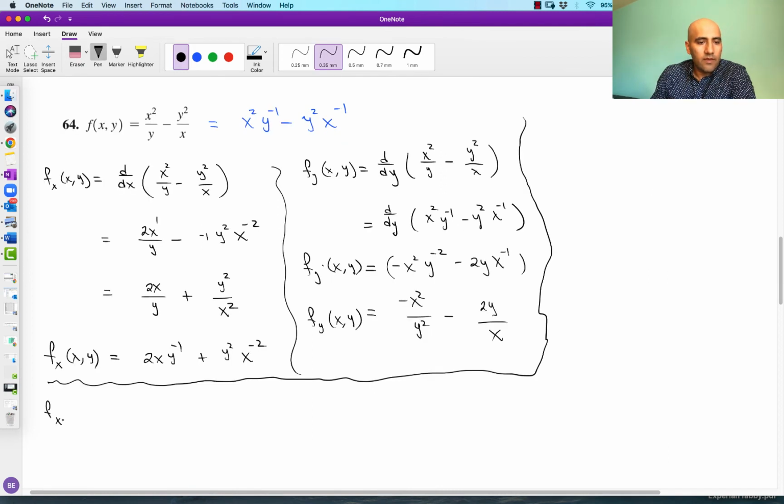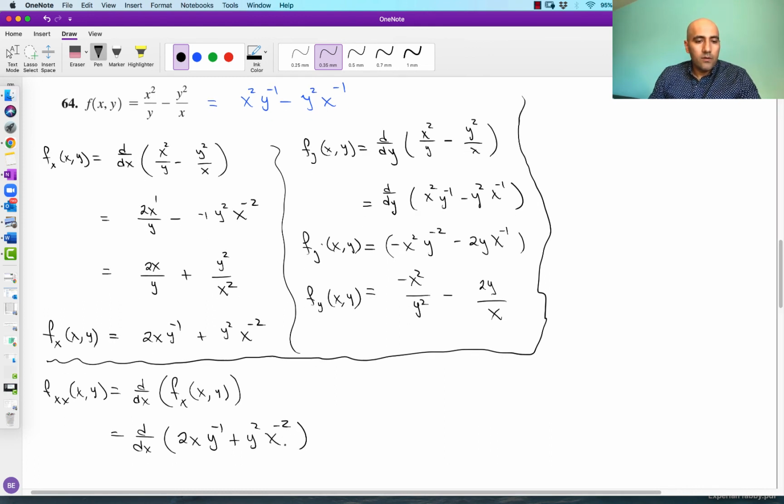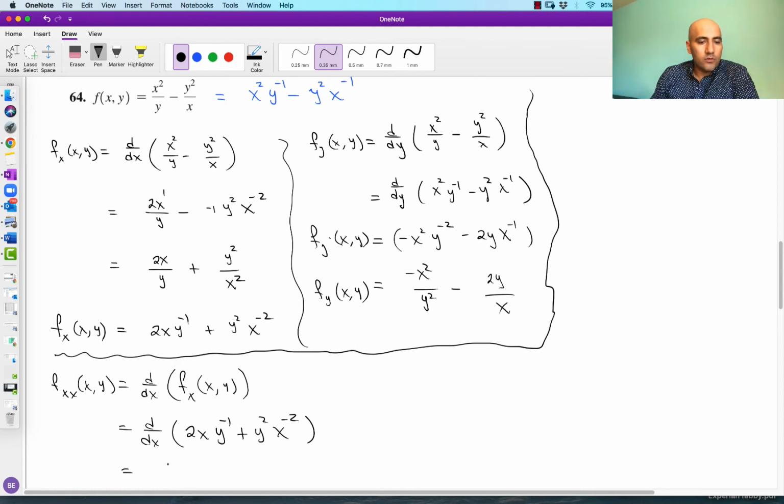So f sub xx of x comma y is equal to the derivative with respect to x on the function f sub x, which gives you the derivative with respect to x on 2x y to the minus 1 plus y squared x to the minus 2, which is then equal to, with respect to x, 2y to the minus 1 power minus 2y squared x to the minus 3 power.